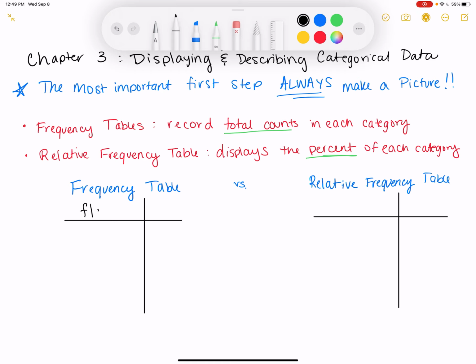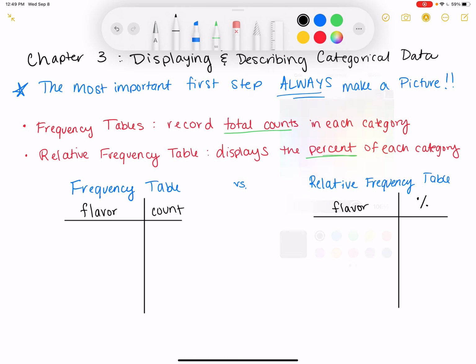For the frequency table, it's going to be flavor and count. Remember, count is the keyword for that one. For the other one, it's going to be flavor and percentage. Flavor, we're going to do chocolate, vanilla, and strawberry. Those are the ones that we do.